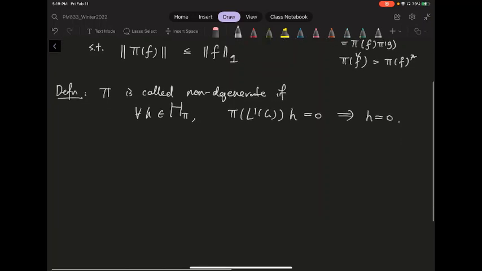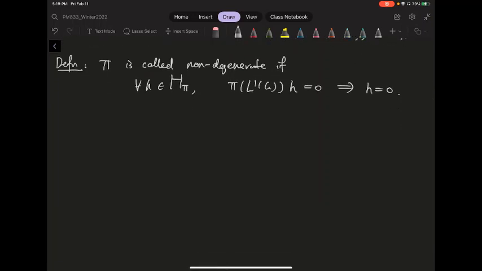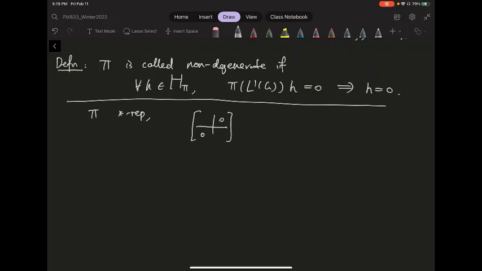The reason we only care about the non-degenerate is roughly the idea that if you have a pi as a continuous star representation, then you can always plug in a bunch of zeros. Right now you're talking about representation of an algebra, so initially you don't really have anything about the unitary or anything like that. When we talk about representation of a group, you don't need this non-degeneracy because you can't really have a corner of all zero.